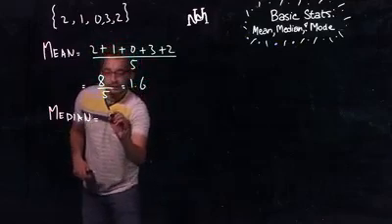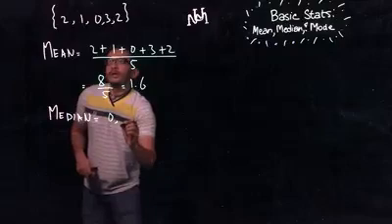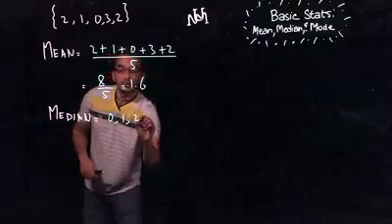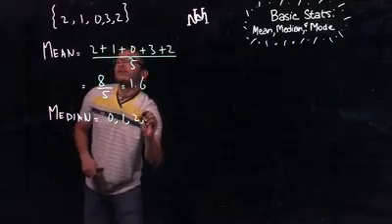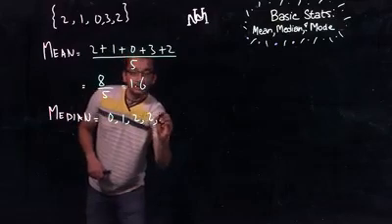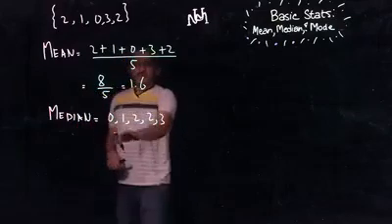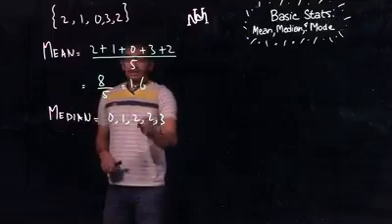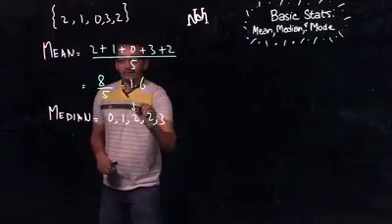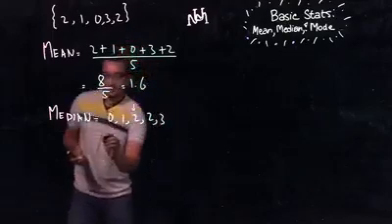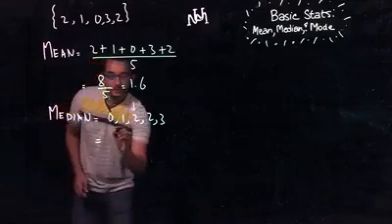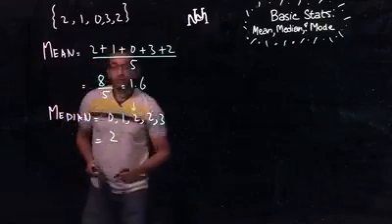So let's do that. We have 0, 1, 2, 2, and 3. We can see that this is a set of 5 numbers, and the center number in our case is 2. So we can say that the median of this sample is equal to 2.